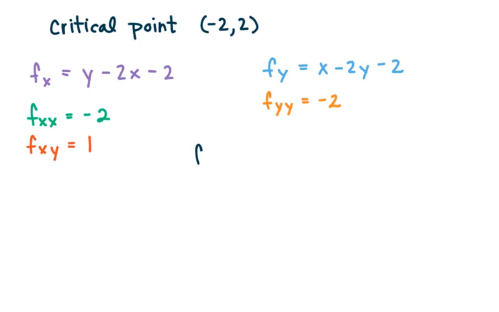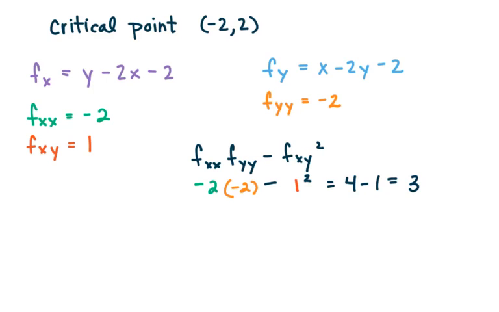And the value for my discriminant is fxx times fyy minus fxy squared. Or rather, in this situation, we have negative 2 times negative 2 minus 1 squared. That simplifies to 4 minus 1, which is 3.